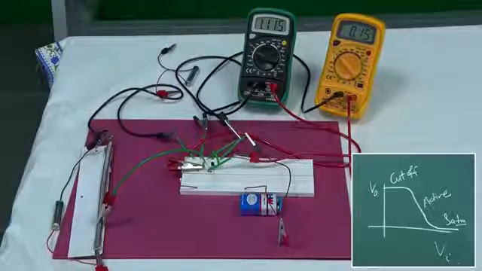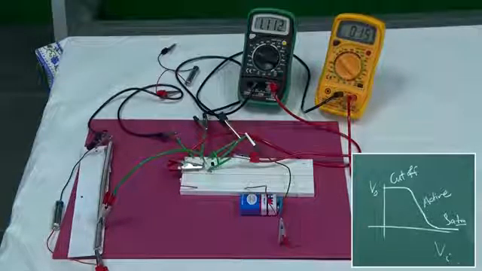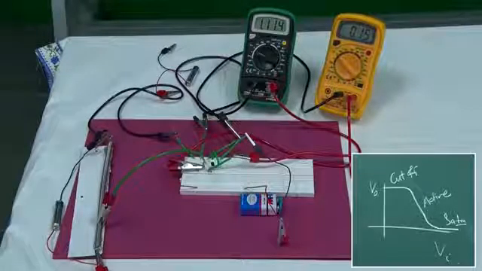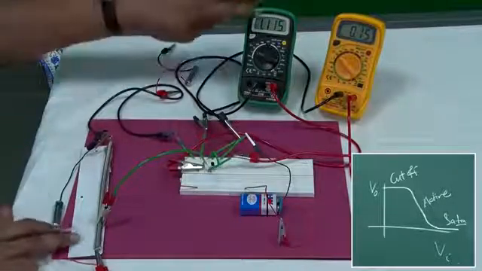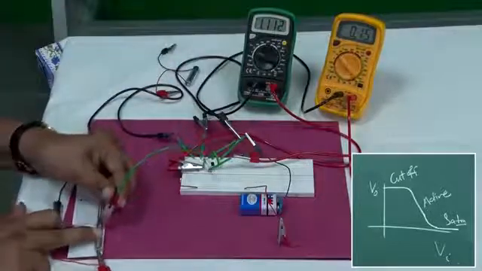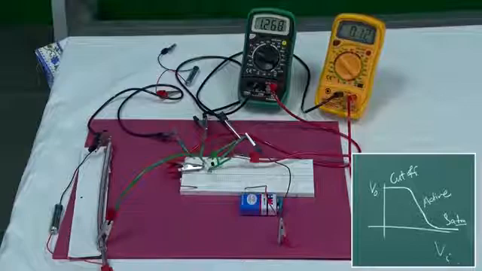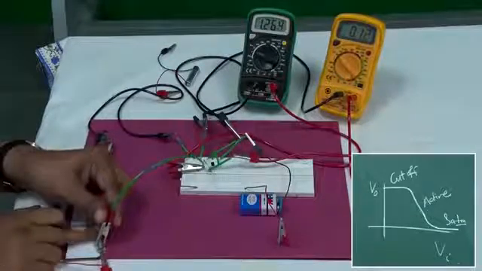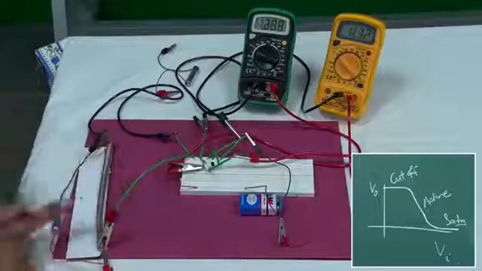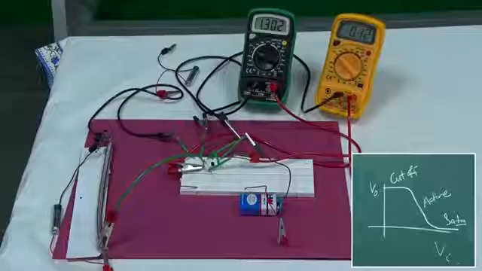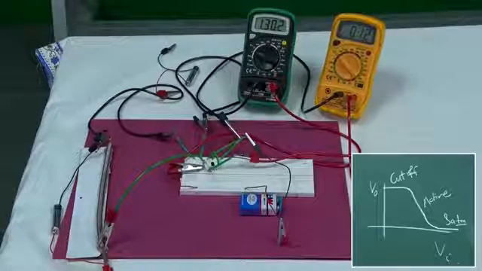Here you see the input voltage VI is 1.113 and the output voltage has dropped to 0.15, right. So, from 1.115, let me increase it further. Here, 1.268 input voltage, but output is still 0.12. And here, see, it is 1.302 and the output is still 0.12. So, this is the saturation region.